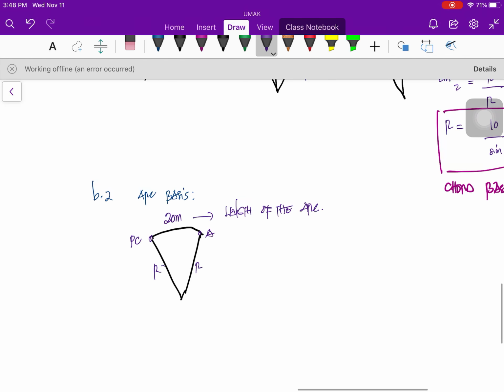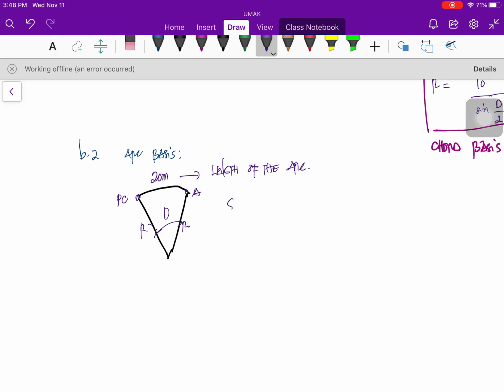And if this one is your radius, and this one is your radius, and this one is your deflection angle, so it's easy, like S is equal to R theta. S is equal to 20 meters, so that's 20 meters is equal to R times D. But you cannot multiply directly R to a degree, so it will become 20 meters is equal to R times D, which in degrees, times pi all over 180, converted into radians.